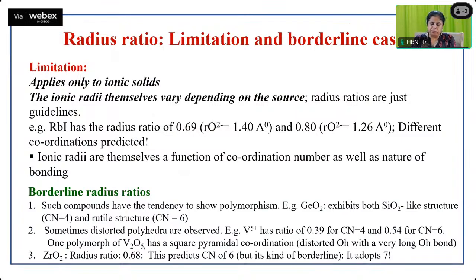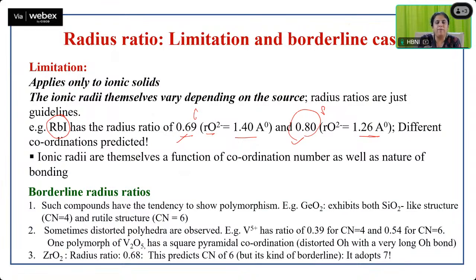For example, I've taken the radius of the oxide ion from two different sources, and I get these values. Now, if I want to calculate the radius ratio of rubidium iodide, it is 0.69 when the oxide ion is taken as 1.40, and 0.80 when the oxide ion is taken as 1.26 angstrom. What this implies is, in one case it will have the cubic coordination number, and in the other case it will have the octahedral coordination.